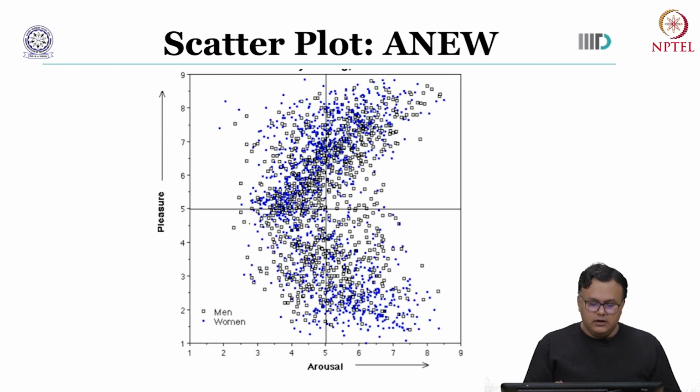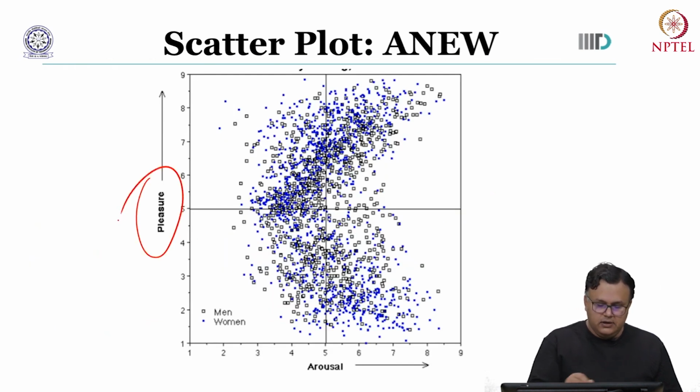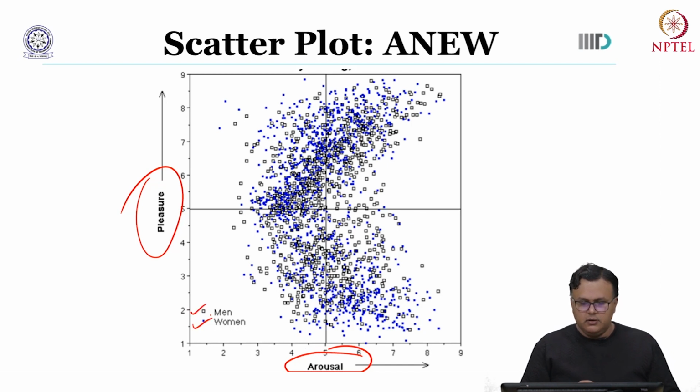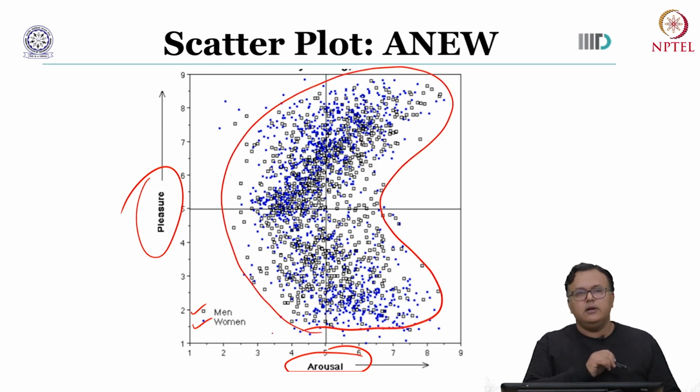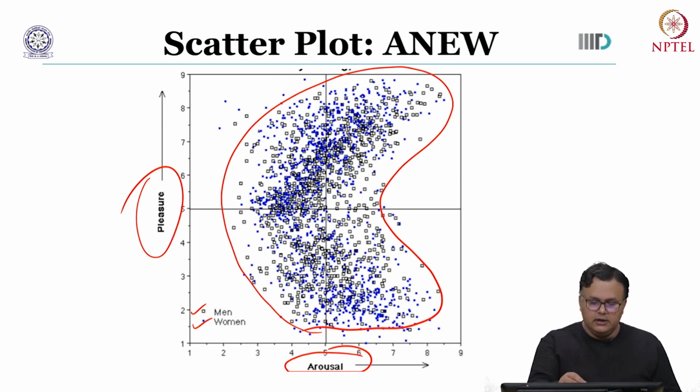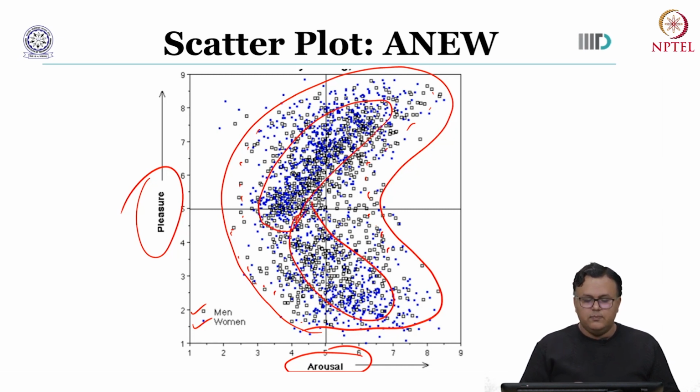Now, if we observe the plot of pleasure versus arousal, where the data points are for men and women, you notice these are quite interrelated, they are overlapping. However, you will see the data coming from male labelers is a bit more on the outside than the female data labels. So essentially the arousal and pleasure dimensions are more concentrated.